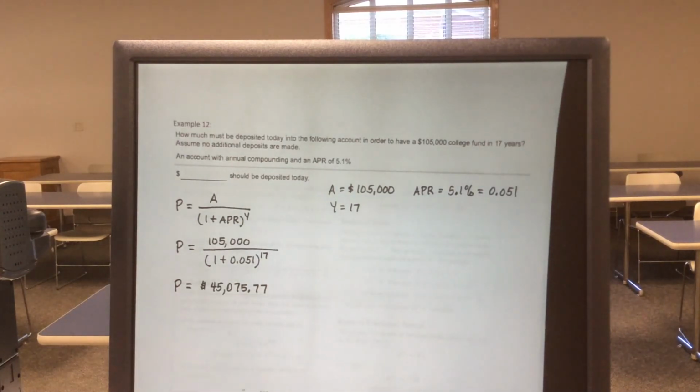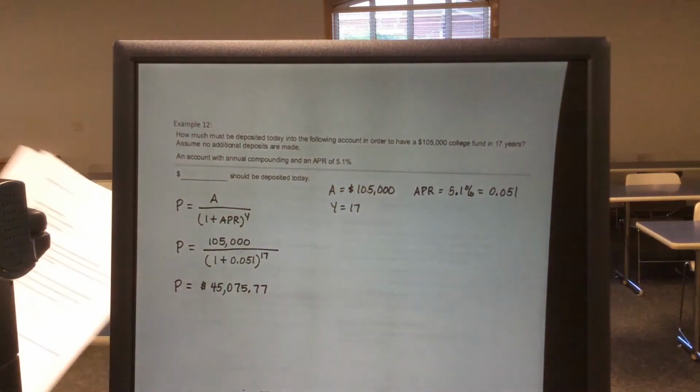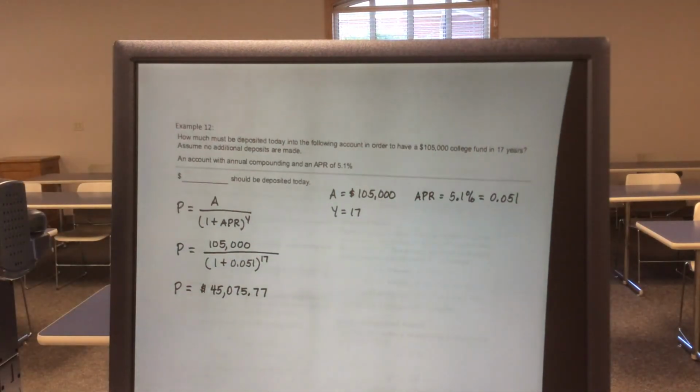That is the amount that I need to have deposited today in order to get a college fund of $105,000 in 17 years. Okay, so that will complete this particular video on the power of compounding.